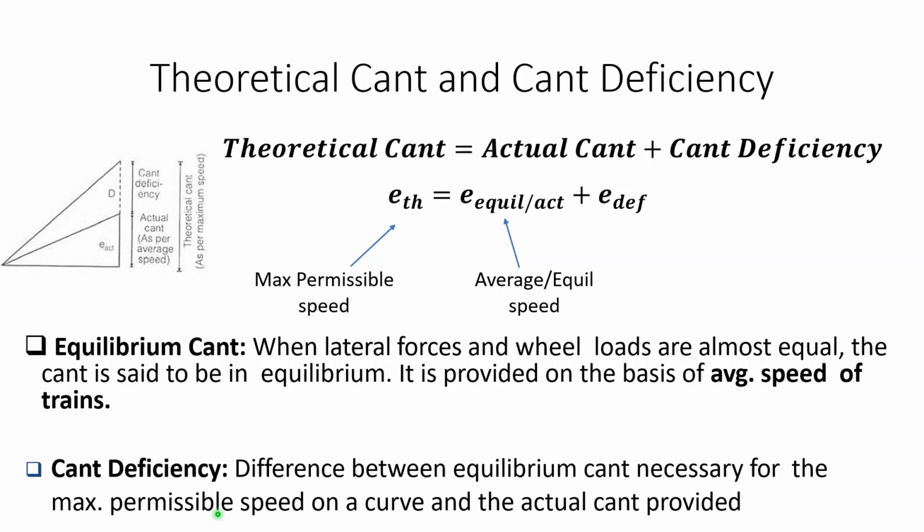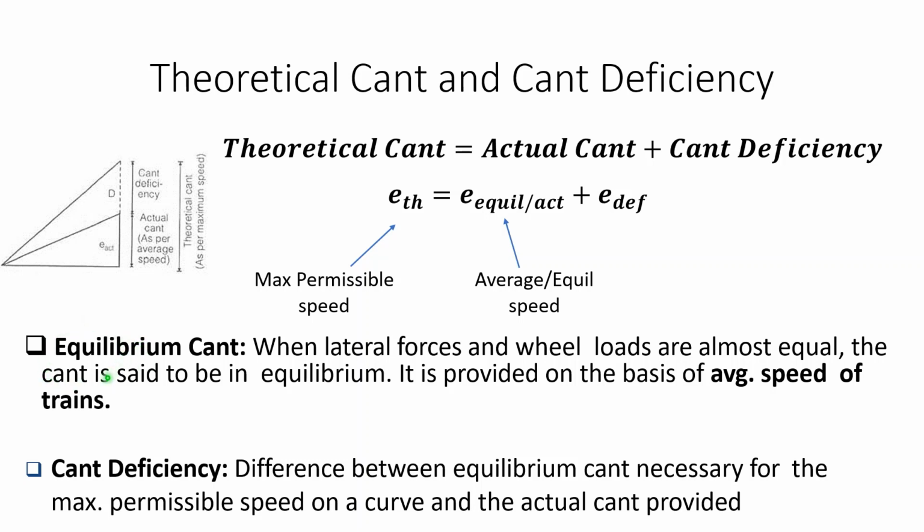Okay. So equilibrium Kant is the one for which we have to design, where the lateral forces and wheel loads are almost equal and the Kant is said to be in equilibrium. It is provided based on the average speed of trains. So this is what we wanted to provide. This is what is required there.